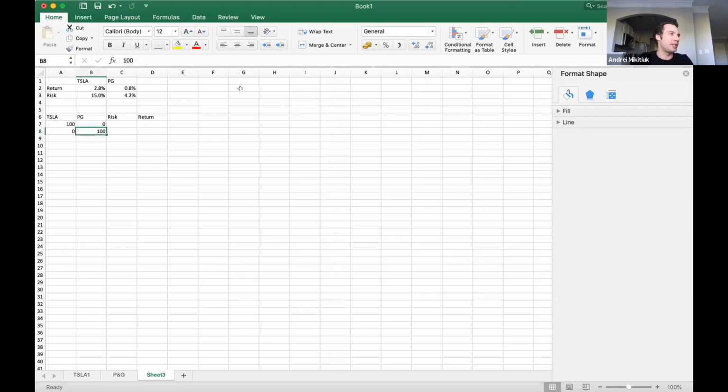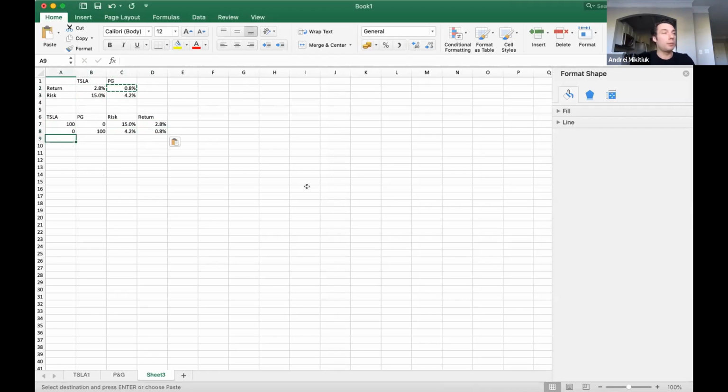And we already know these numbers. For 100% Tesla, risk is 15 and return is 2.8. For 100% Procter & Gamble, risk is 4.2, return is 0.8.